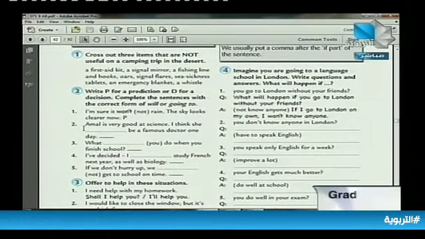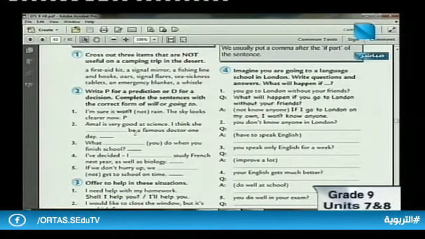Let's take number 2. Amal is very good at science. I think she will be a famous doctor one day. P. I am predicting something about Amal. She is still a student maybe, right?